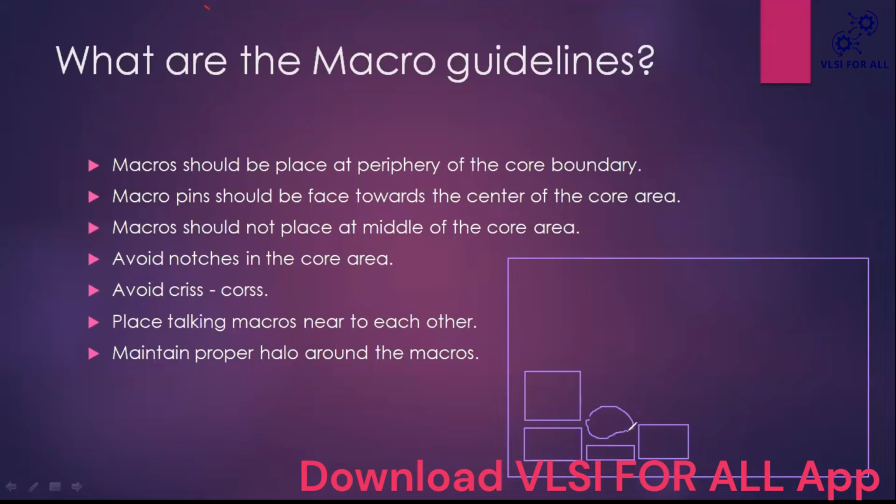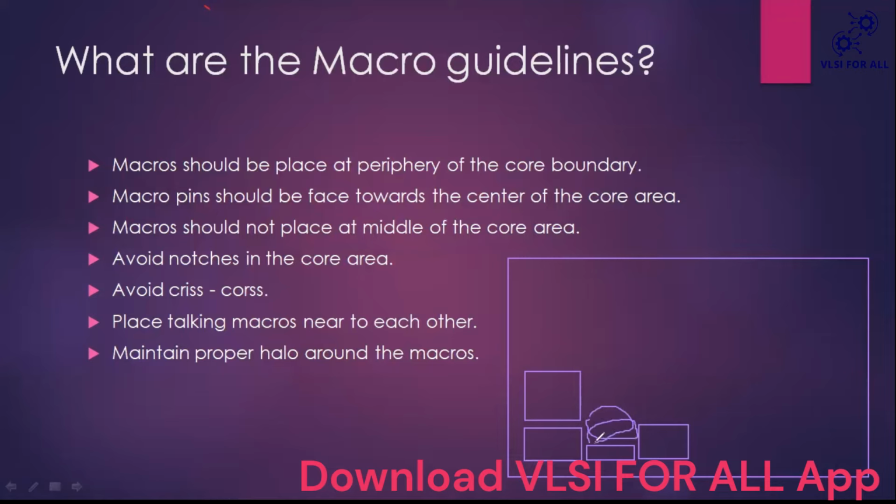So what happens here is more congestion may occur in this area, because each and every macro will have a large number of input output pins. Some macros will have hundreds of pins, so they need more routing tracks.